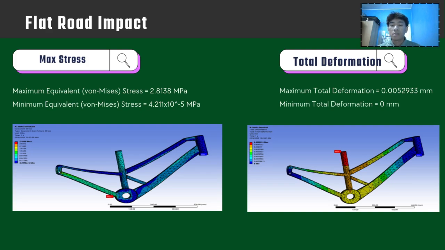On the right side is total deformation, where the maximum total is equal to 0.005293 millimeter, while the minimum total deformation is 0 millimeter.